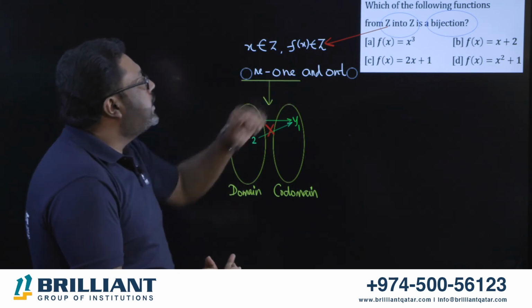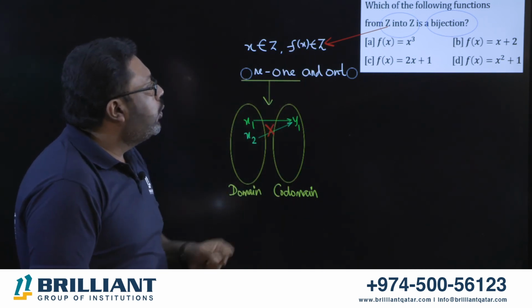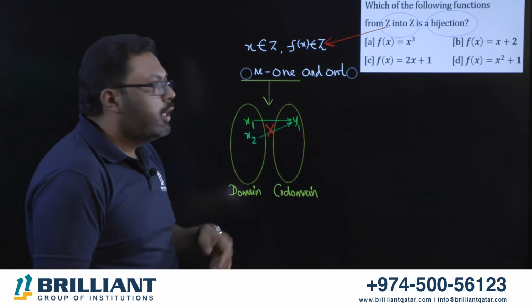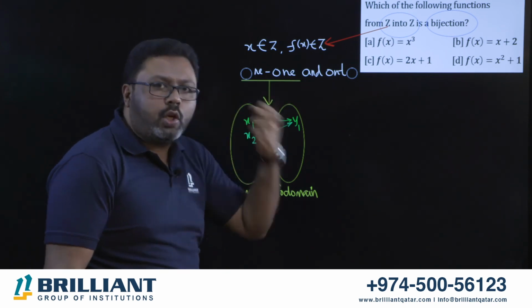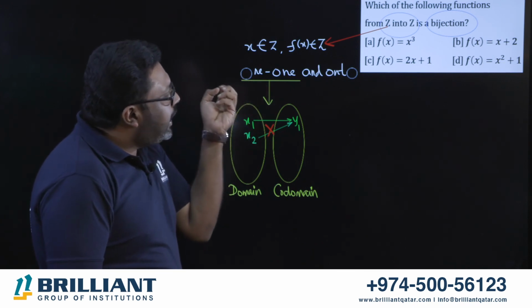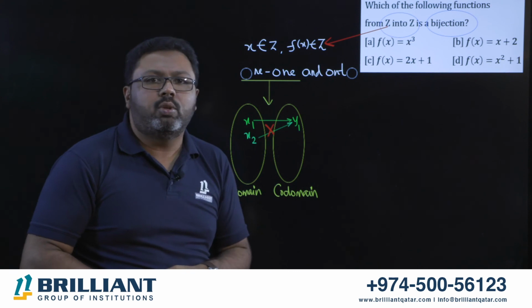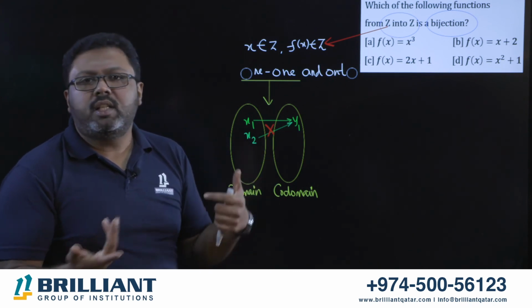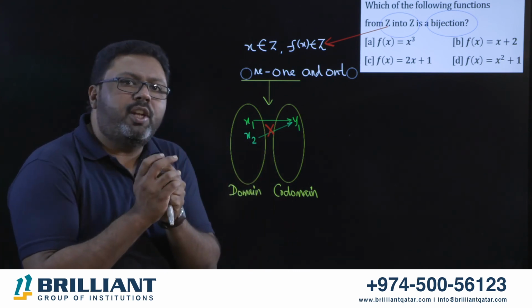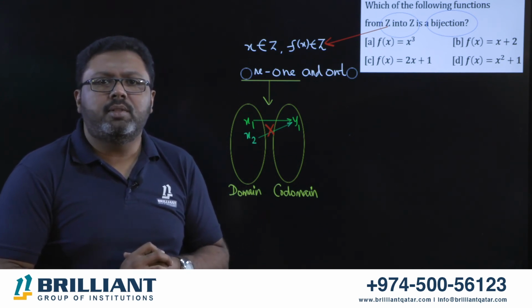So look at this answer. f of x, whatever I put for x, I will get x cube. Now tell me, are there any two numbers x which give me the same answer for x cube? Whether you put positive or negative, x cube is always going to be unique.